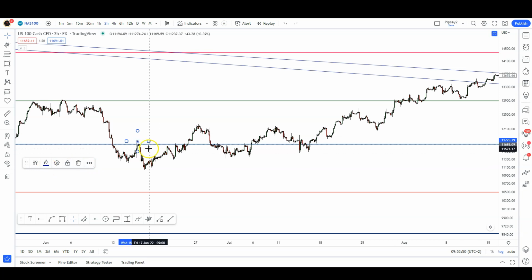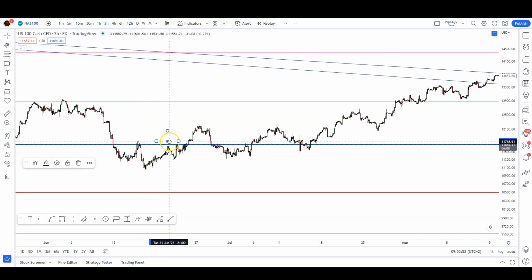It's below support, forms resistance. Goes below support again.